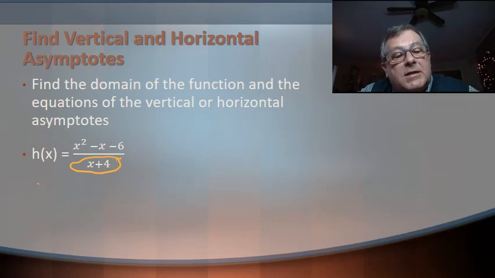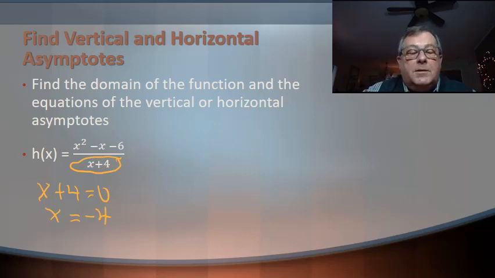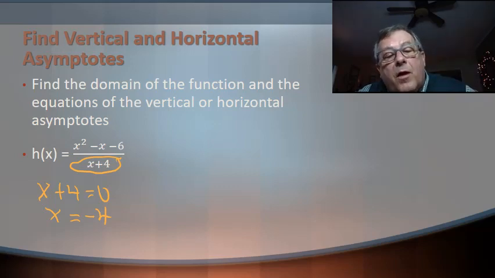And I'm going to set this denominator equal to 0. So I'm going to say x plus 4 equals 0 and x equals negative 4. So at the point in the coordinate plane where x is equal to negative 4, I'm going to have a vertical asymptote, and this also defines the restriction in my domain. So I'm going to write my domain like this.